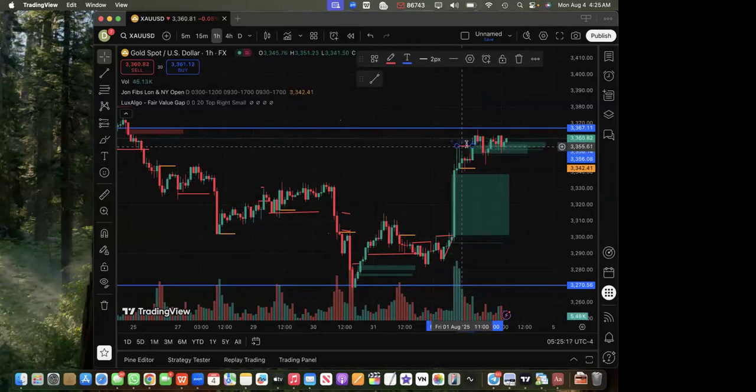Then there was another break of structure, creating a higher high up here. At this peak, 3367.65, that was the highest point in the last hour. Then price started to push down and looks like it's ranging in this zone.